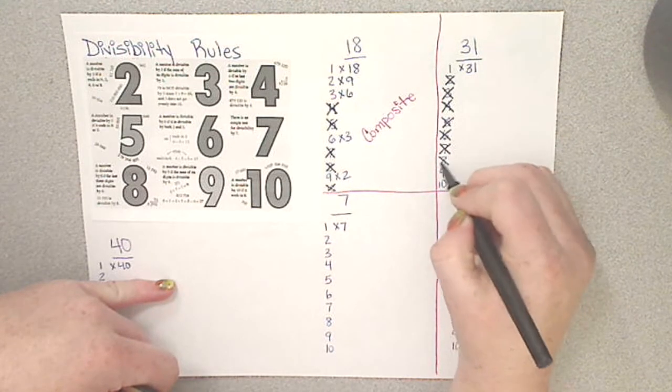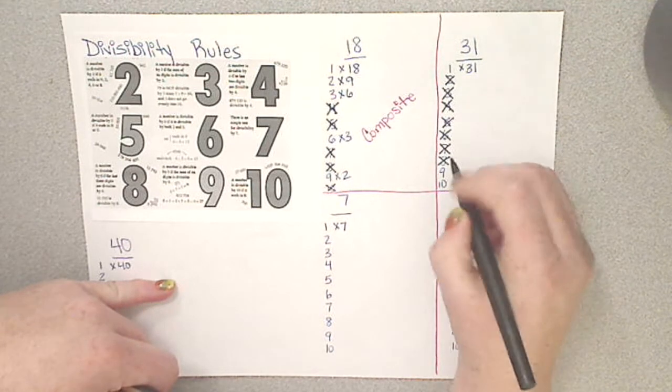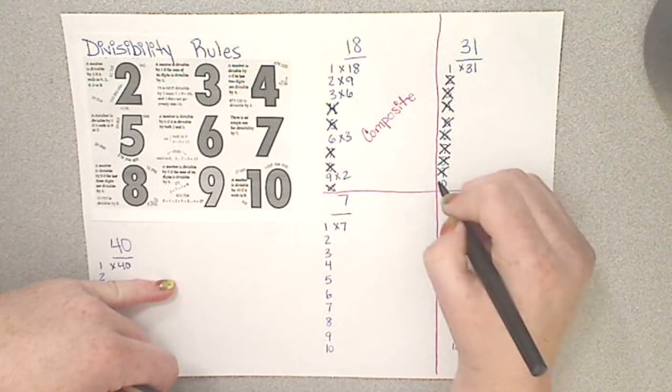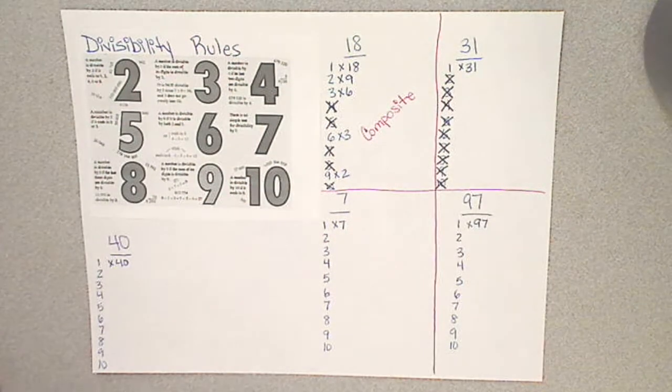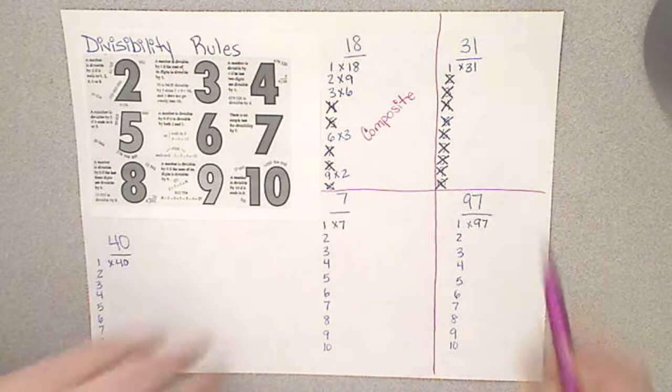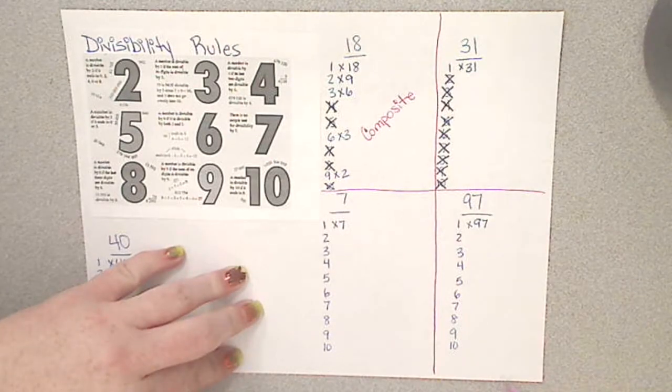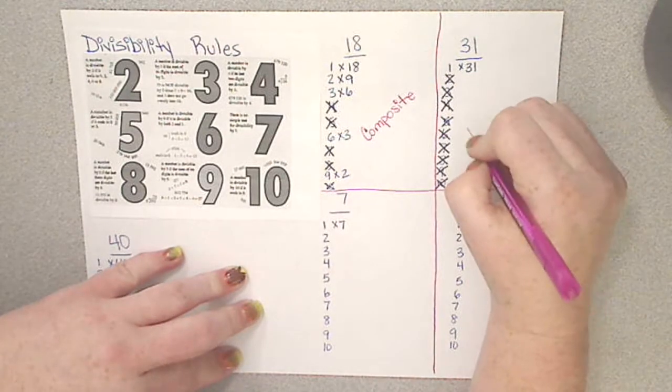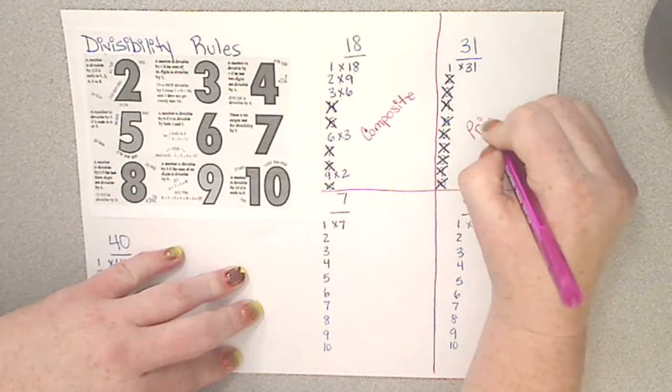It does not fit the rule of 8. It does not fit the rule of 9, nor 10. So if the number's factors are only 1 and 31, then you know it's prime.